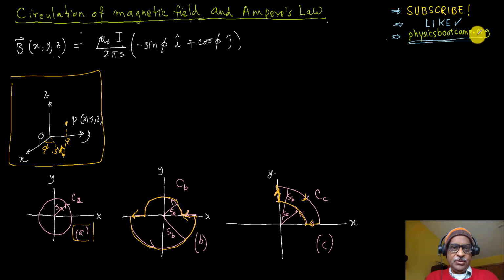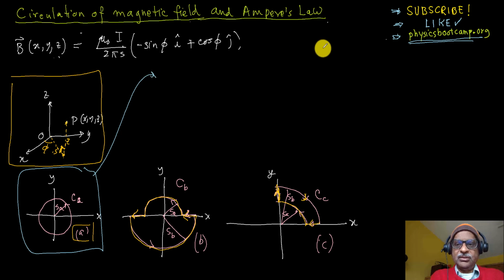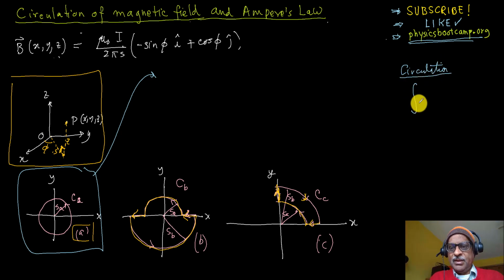Okay, so what we have here, let's look at this situation. What's the definition of circulation? Circulation is a mathematical property, and it stands for this integral, a closed integral, so sometimes people put a circle like this, and because it has orientation, it's not just a closed loop, it's got orientation in space.